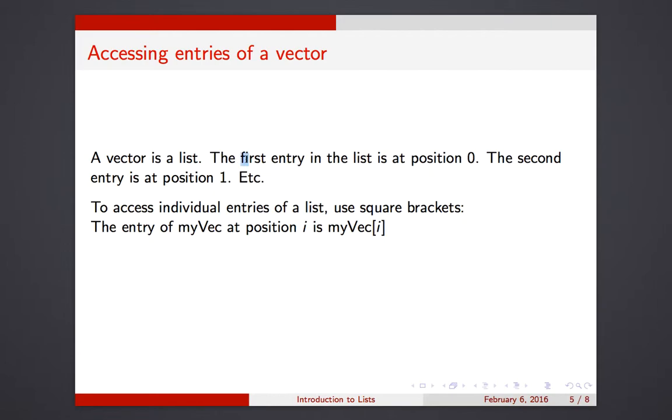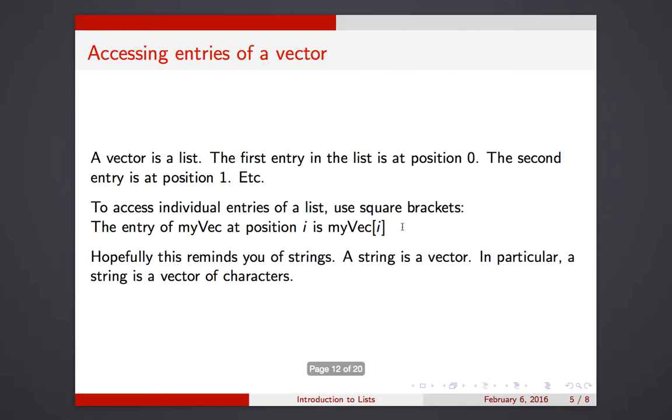The first entry is at position 0, just like the first character in a string is at position 0. The second entry is at position 1, and so on. So if you type myvec bracket 1 right there, you are not accessing the first entry in your list, you are accessing the second entry. If you want to access the first entry, you must put a 0 right here.